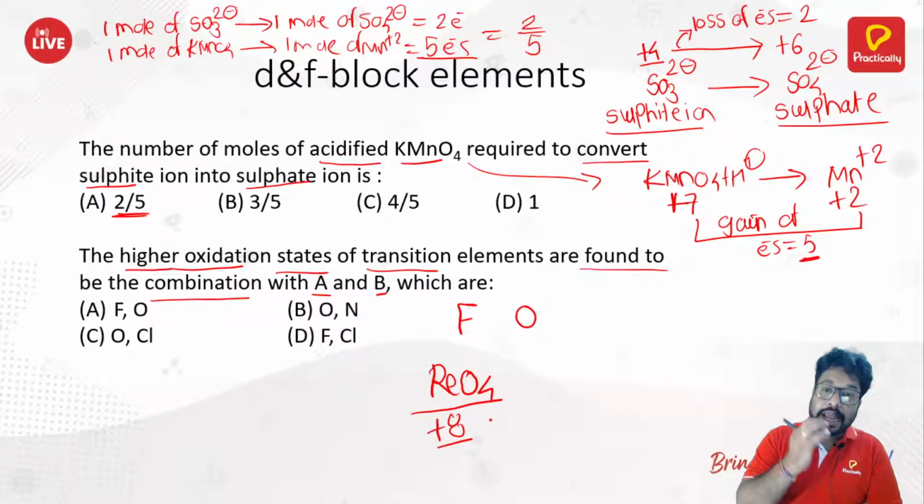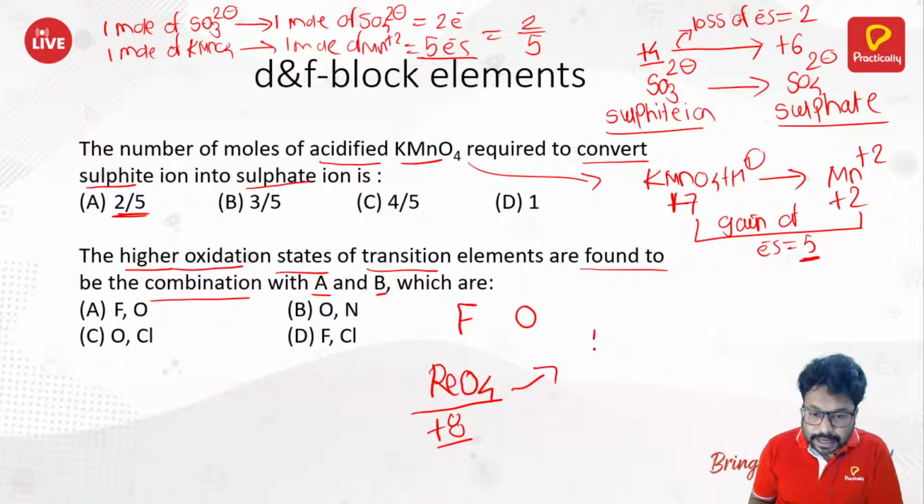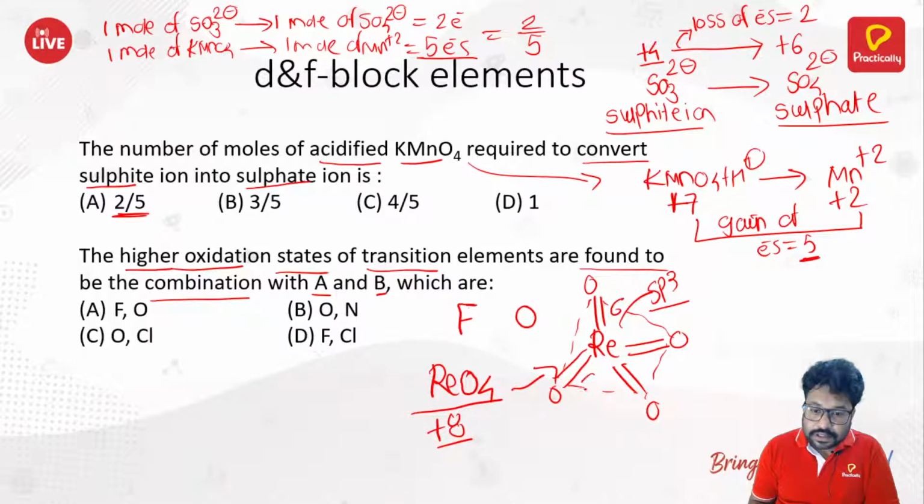That is why elements prefer to show maximum oxidation state with oxygen, where they can form multiple bonds. Let me show you how. This element shows the oxidation state like this: rhenium with double bond O, double bond O, double bond O, double bond O. This shape is tetrahedral, and the hybridization, by the way, is sp3, because these are the sigma bonds.